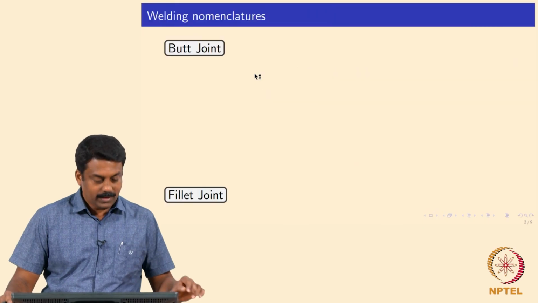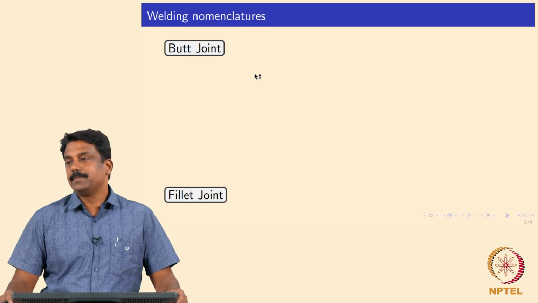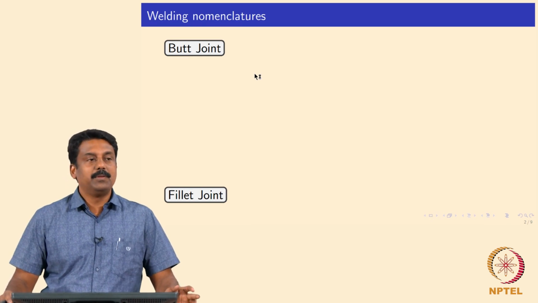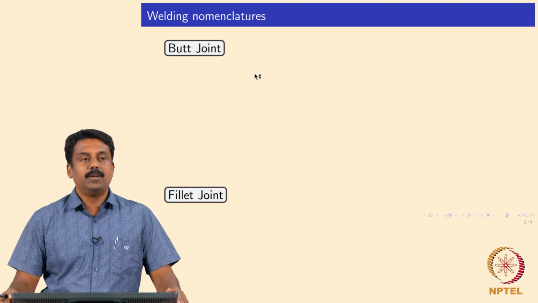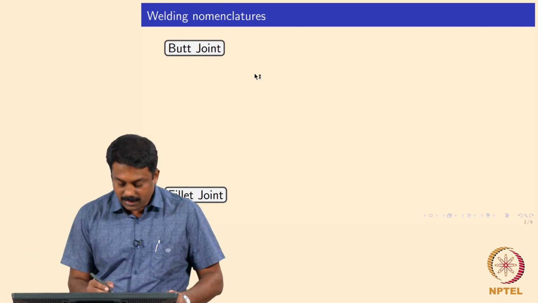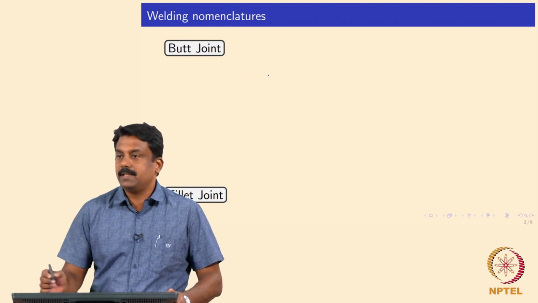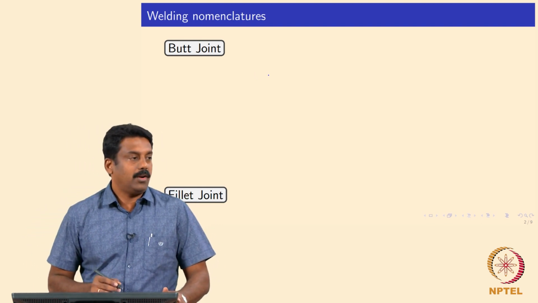The first thing when you look at the weld itself, we give various names, for example butt joint. When do you call it a butt joint? A butt joint is when you are joining two flat surfaces, or you have a joint where the plate thickness is exactly perpendicular to the weld center line.